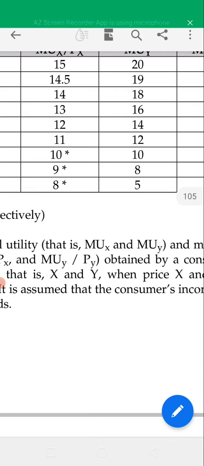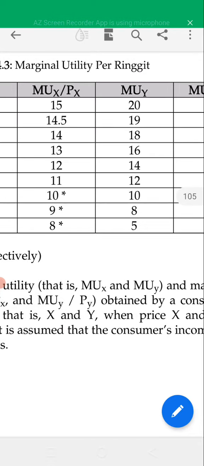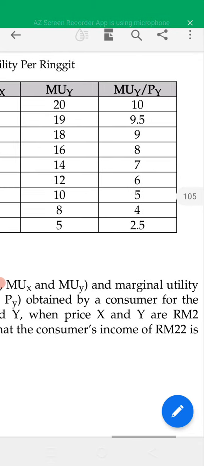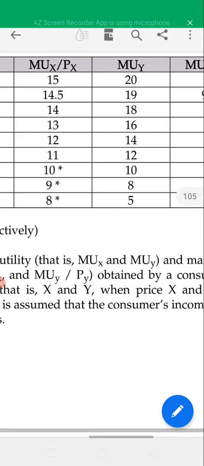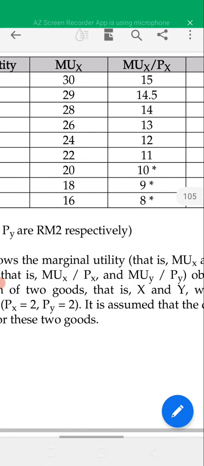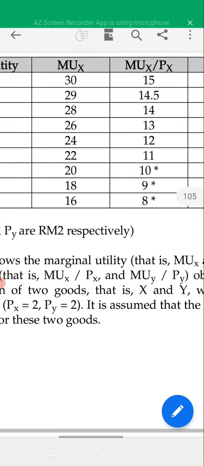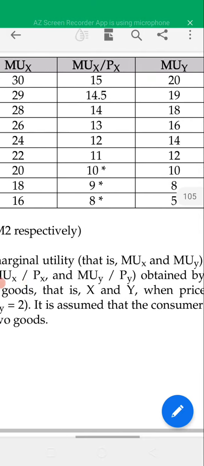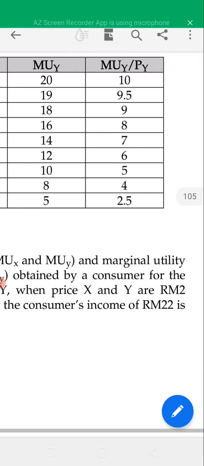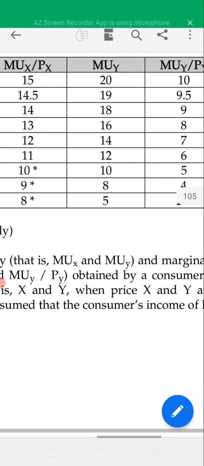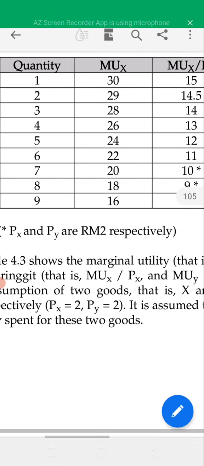The other one is appearing where there is 8. So you can see the MUX over PX, we have 8 there. And when we go to the MUY over PY, we also have 8 there. So you look for a bundle. So for X, it means we are going to have how many X? 9X, because that's the one which is corresponding to this 8. Then you go and look for the 8 where there is the Y. 8 is going to be 4.